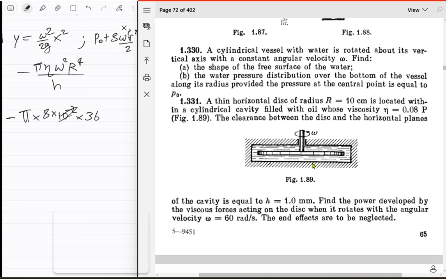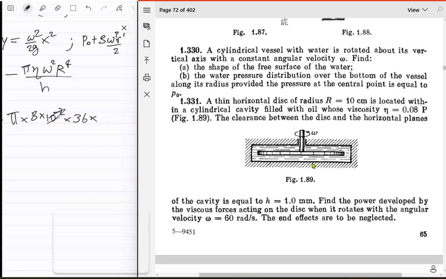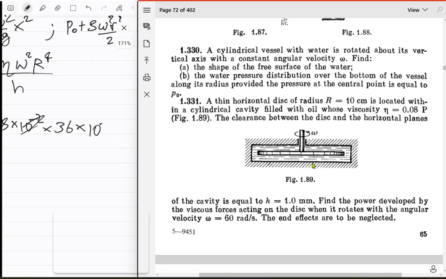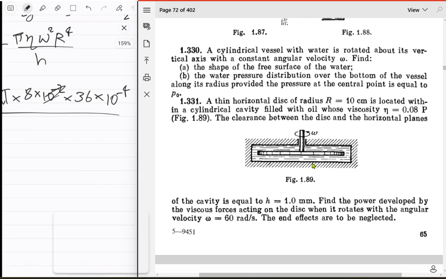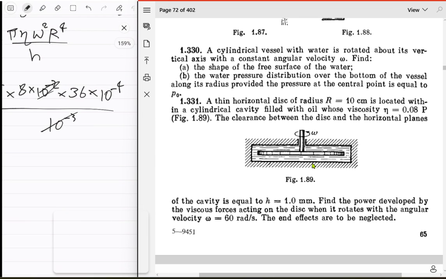So this cancels. Then that times r power 4. R is 10 centimeters, which is 10 power negative 1 meters, so 10 power negative 4 meter power 4 upon h. What is h? 1 millimeter, 10 power negative 3. Okay, just 10 power negative 1.